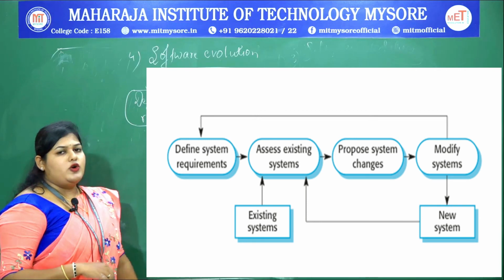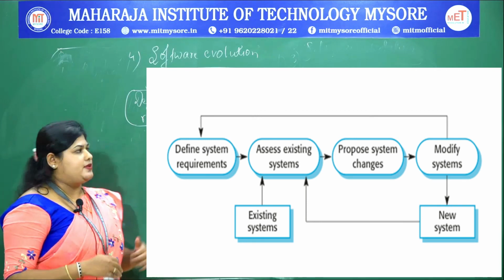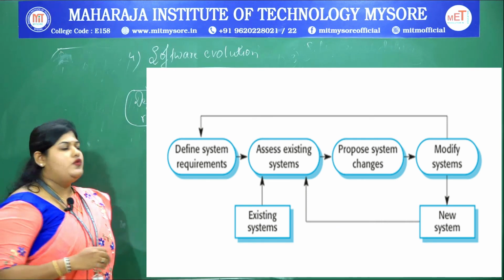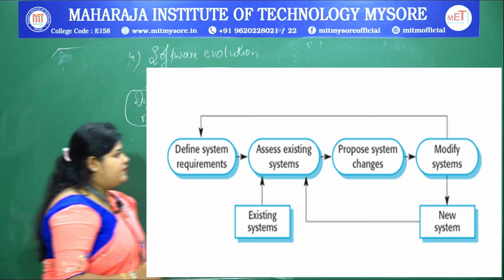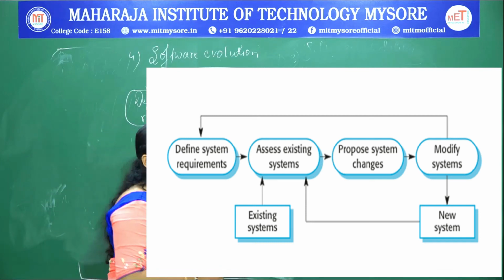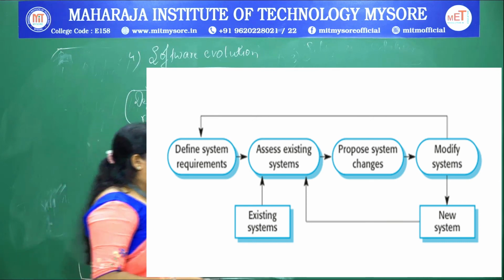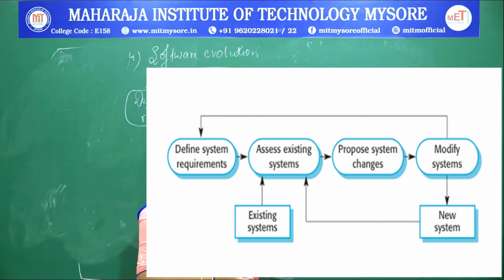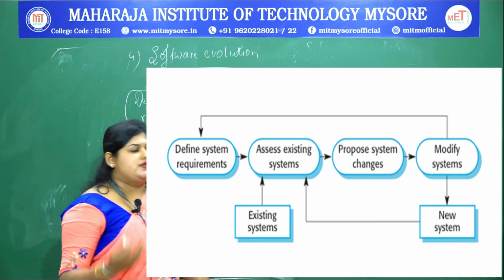So, for that, what changes am I going to make to the existing system? You need to write that down also, that is, assess the existing system. In conclusion to that, you go with the proposed system changes, and finally you modify the system and come up with the new product or the new system.